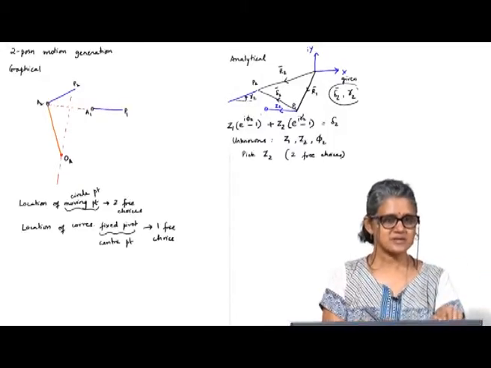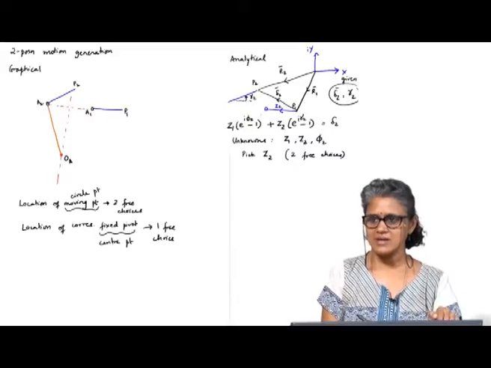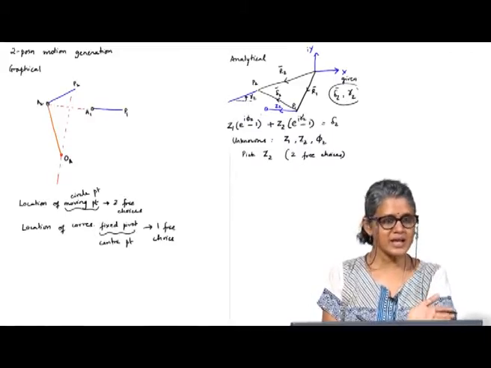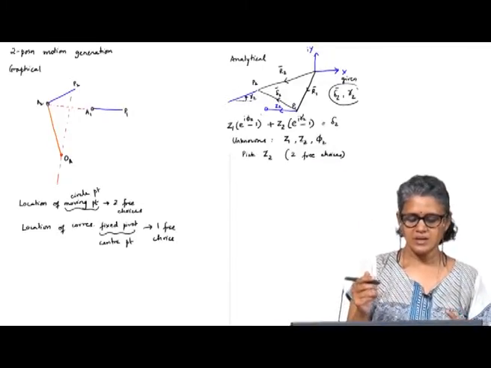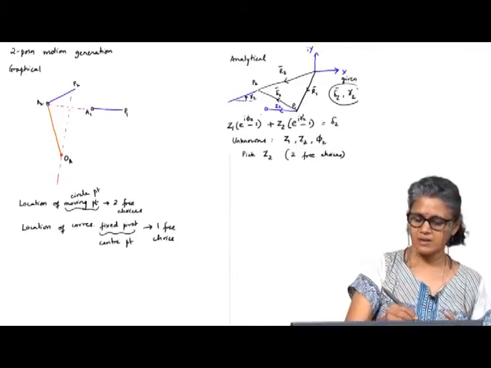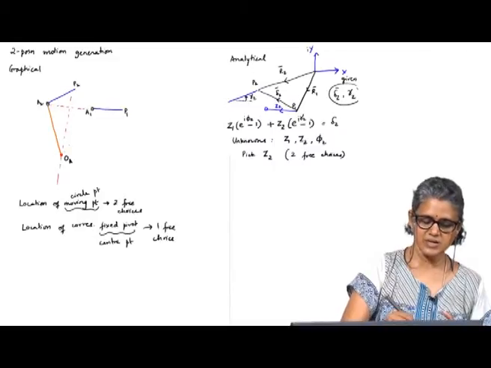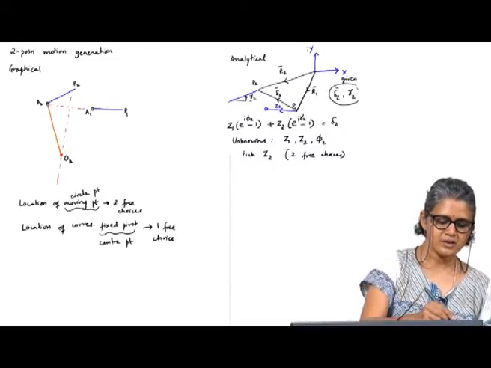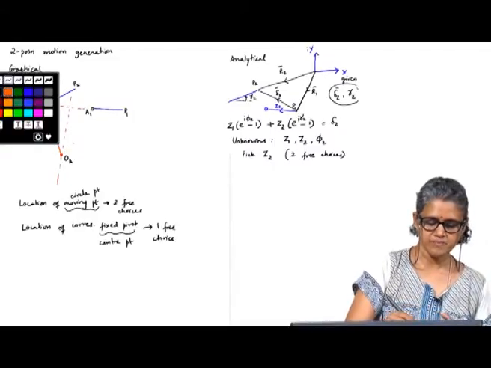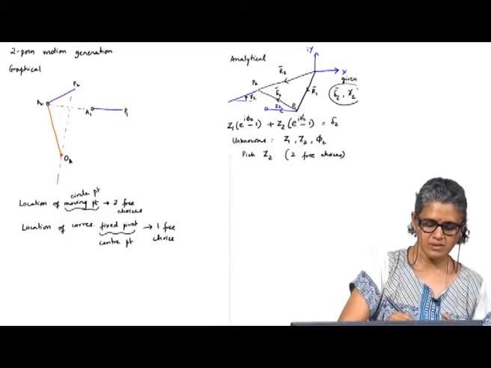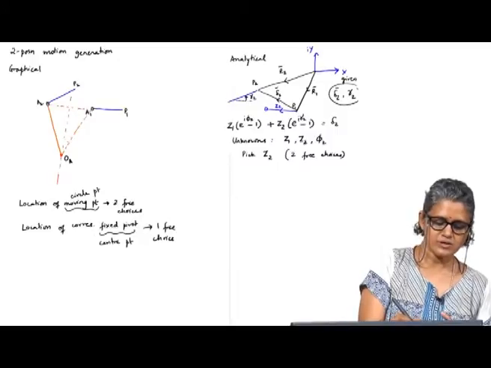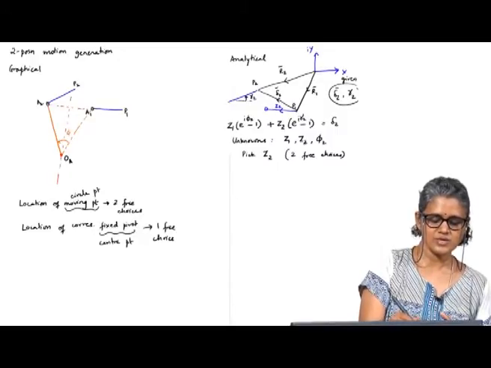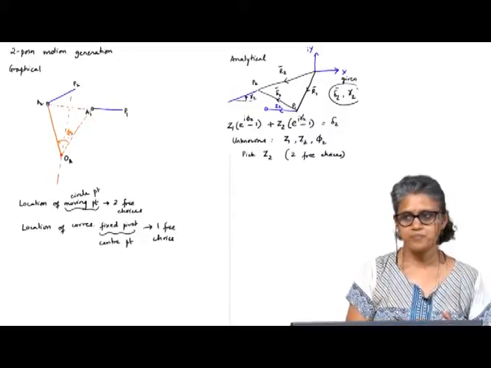That is different from the graphical method, because here I can't say that it is like picking this angle. So, this is Z1. From this position to this position, this rotates by an angle phi 2.